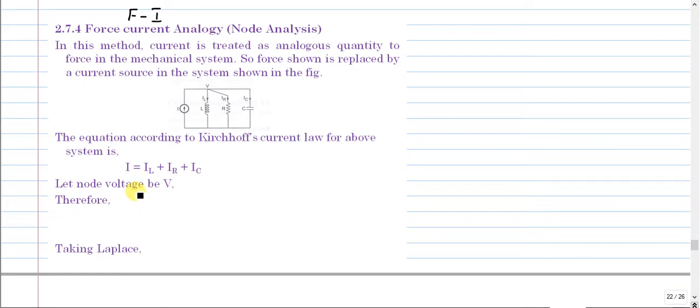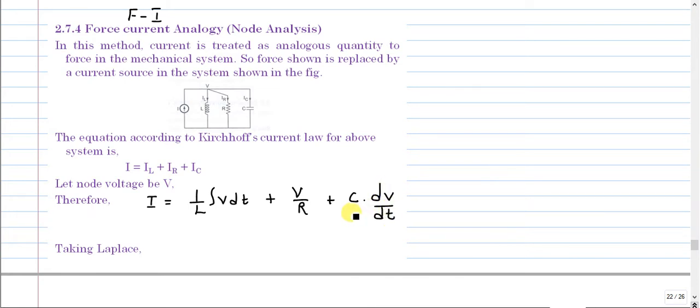So let node voltage be V. So we shall represent I is equal to, for the inductor, the equation 1 by L integration of V dt. So remember this equation. And for resistor, it is simple, V is equal to IR. You can represent it as I is equal to V by R. And for capacitor, it is C into dV by dt.